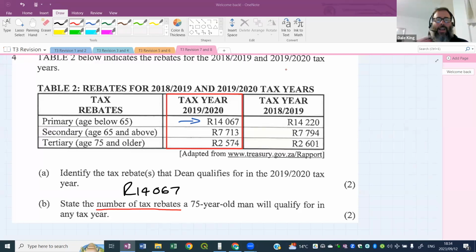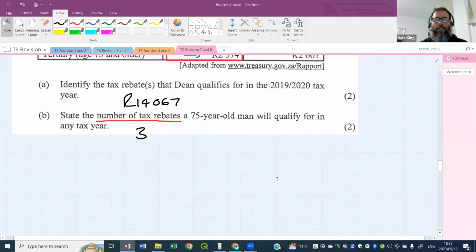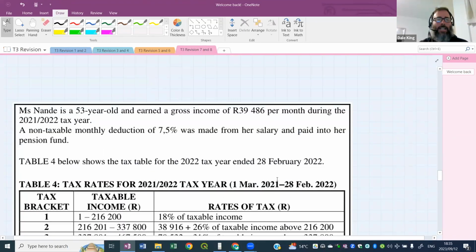It's state the number of rebates. So there are 3 rebates for someone that is 75 years old. It says you're age 75 and older. He is 75 on the dot, which includes the 3rd rebate. Yes, just checking on that. So he gets 3 rebates. Nice and easy questions. Let's see what's next.